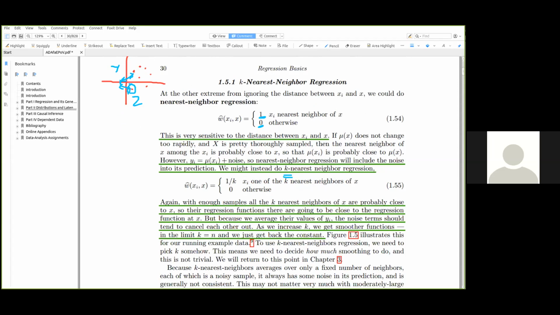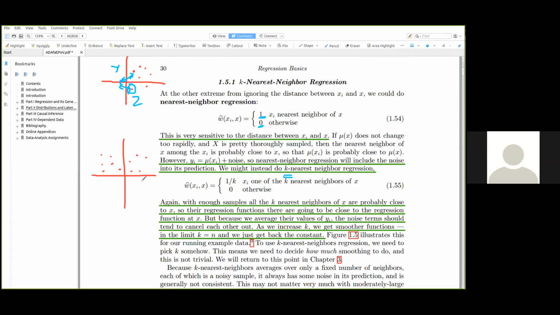One second, I'll draw on the line. Okay, so these are different data samples.